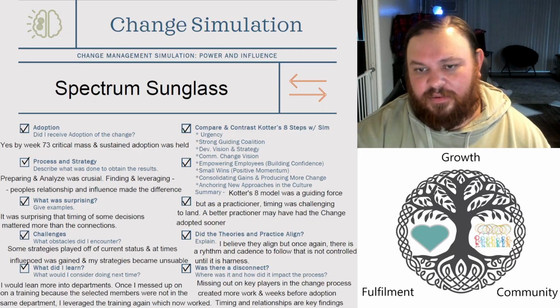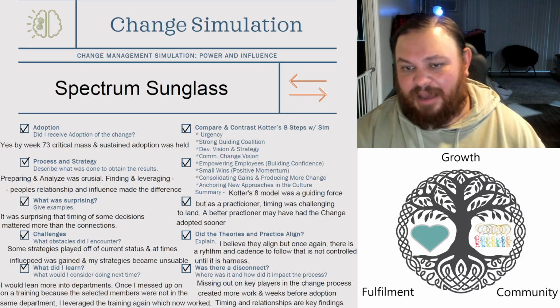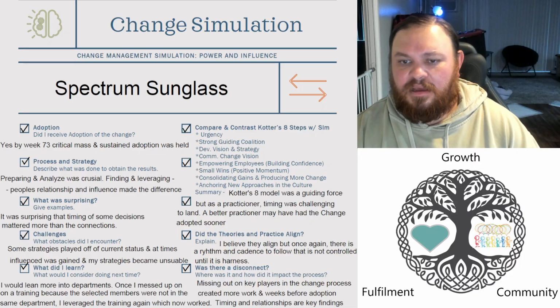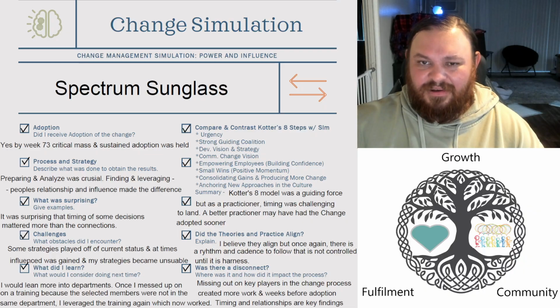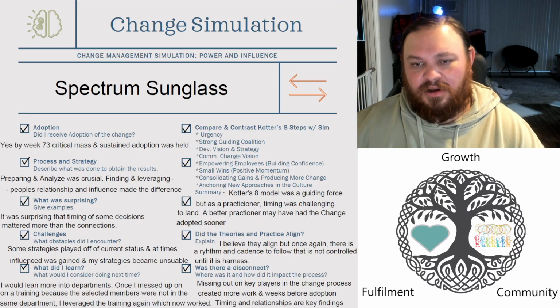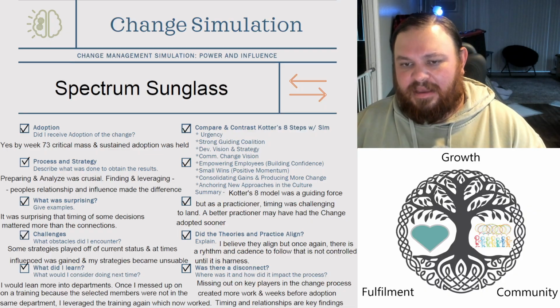Even though I did that, there were some surprises. Some surprises were about timing and how sometimes the timing mattered more than the actual connection with people. Once people hit thresholds, the effect of some strategies no longer had that big impact.